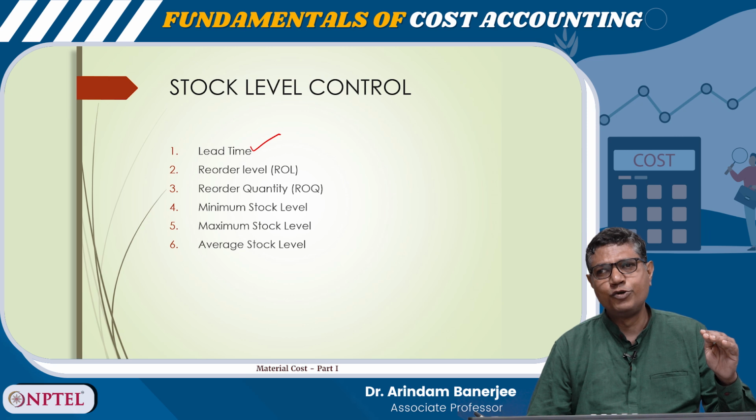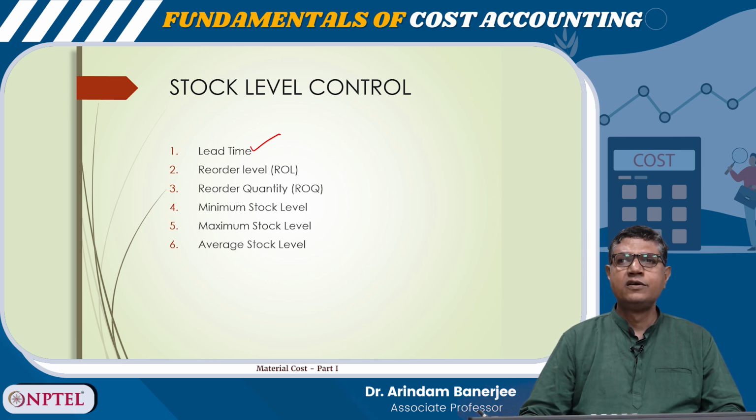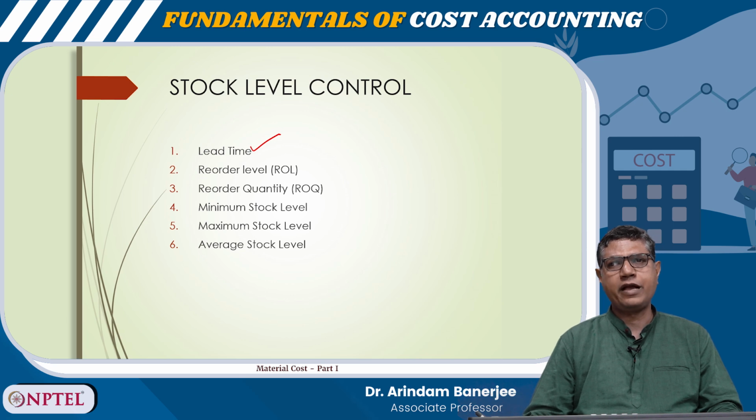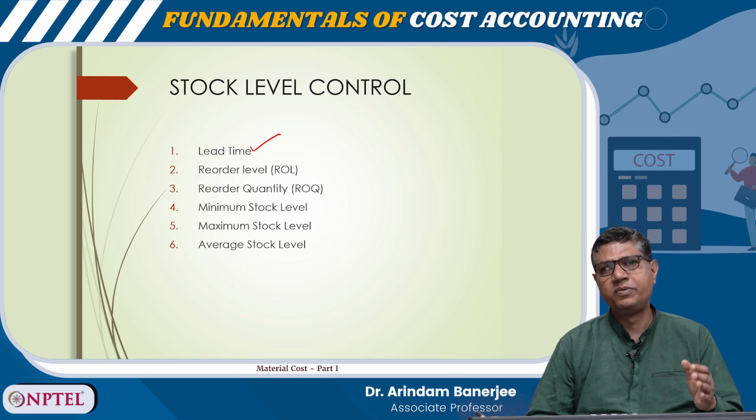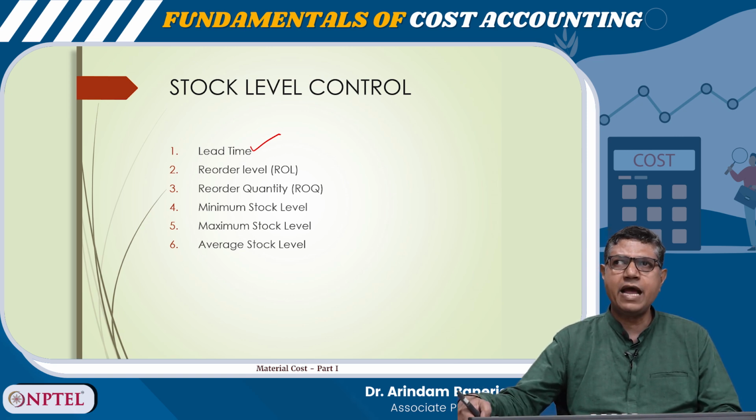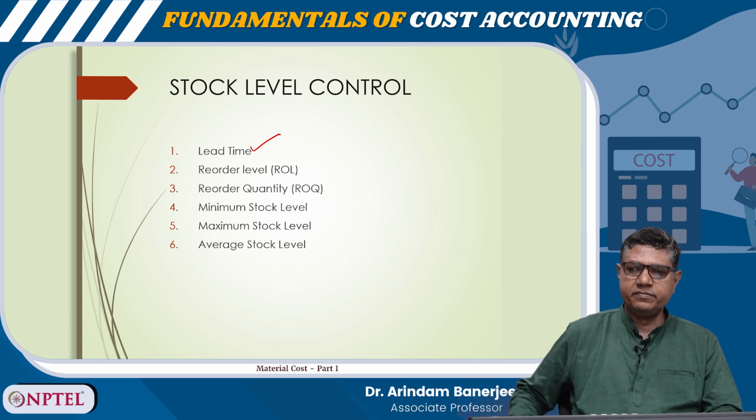Maximum stock level should also be decided. Why? Because we need to prevent excessive stock accumulation. So, the company has to decide what would be the maximum stock level which it can maintain. Average stock level, so maximum plus minimum by 2 is the average. On average, how much stock the company should maintain for each inventory. So, that we need to see.